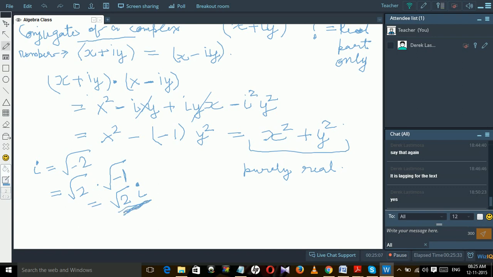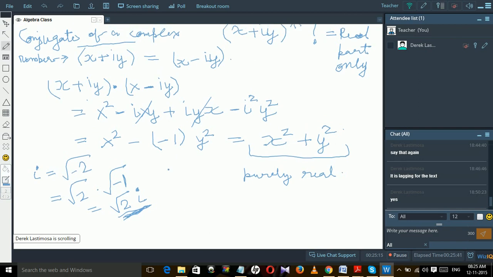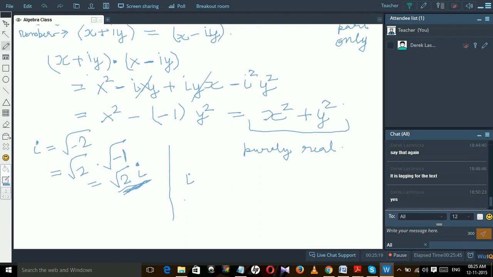As we deal with real analysis, we have an entire syllabus for complex analysis as well, so you will learn much more in your higher classes. But for now, just remember, iota square is minus 1.